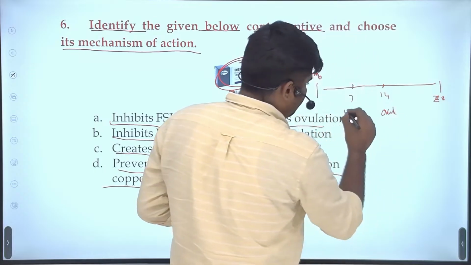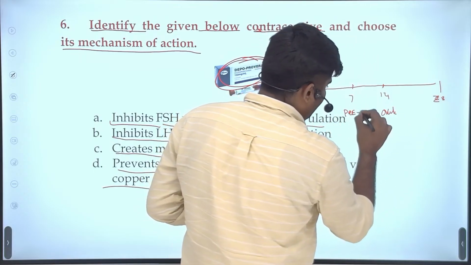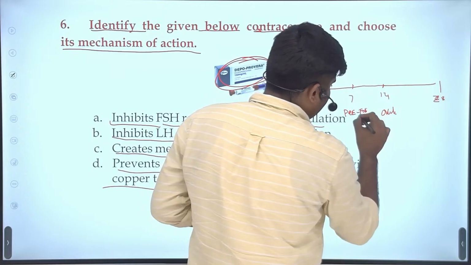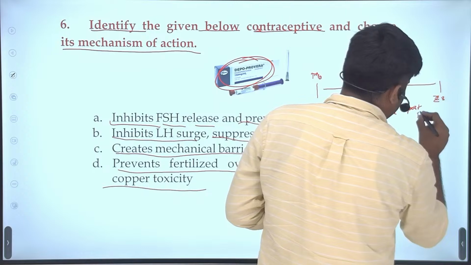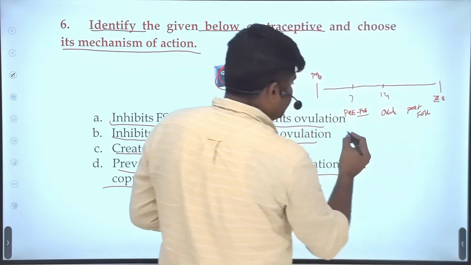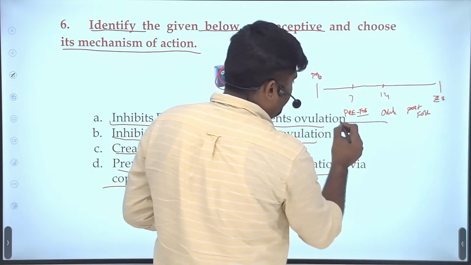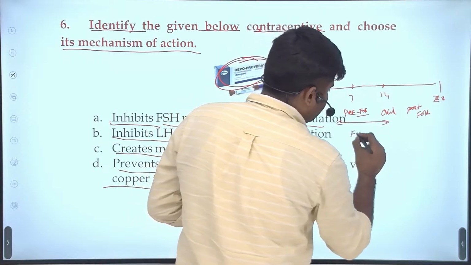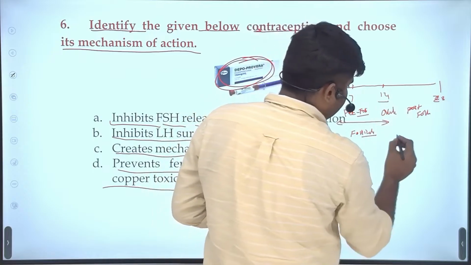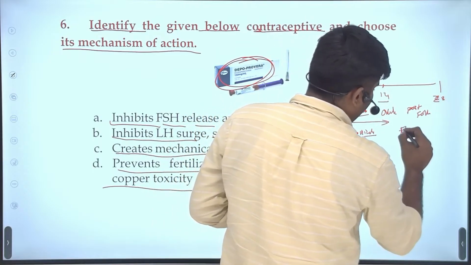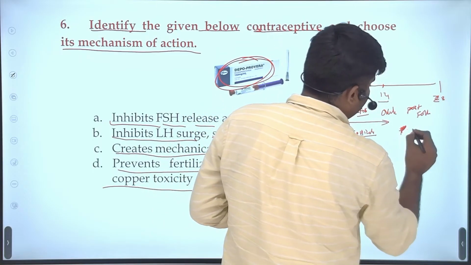This is the pre-follicular or pre-ovulatory phase, and this is the post-ovulatory phase. Simply, before 14 days, follicles will develop. After the 14th day, mature Graafian follicles will release.